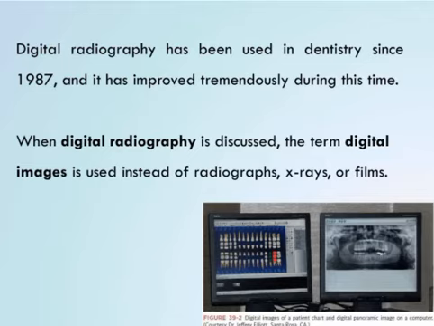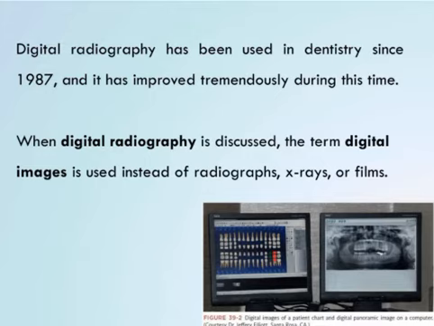But when we use a film and then take a radiograph, we say it's a radiograph. A digital image is the term used more precisely for digital images, and radiographs is the term used more precisely for X-ray films.